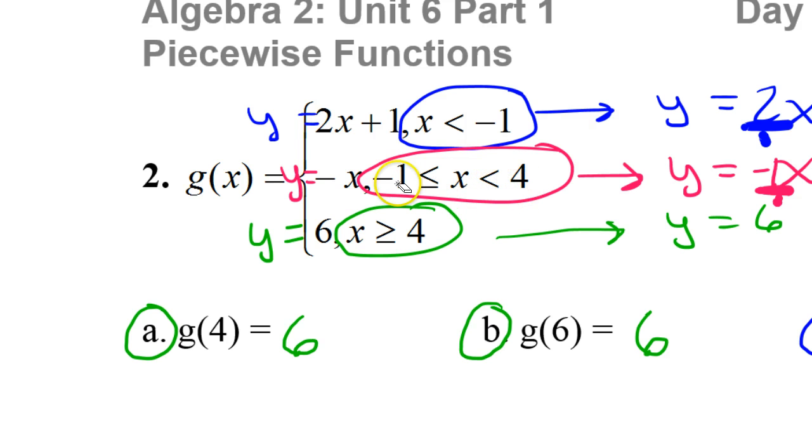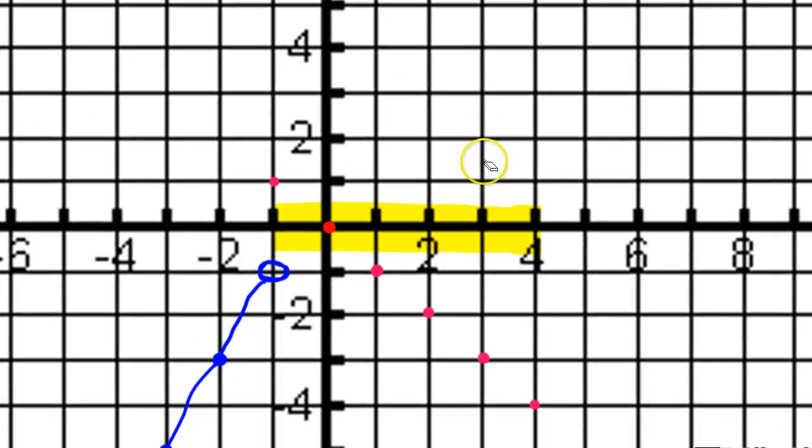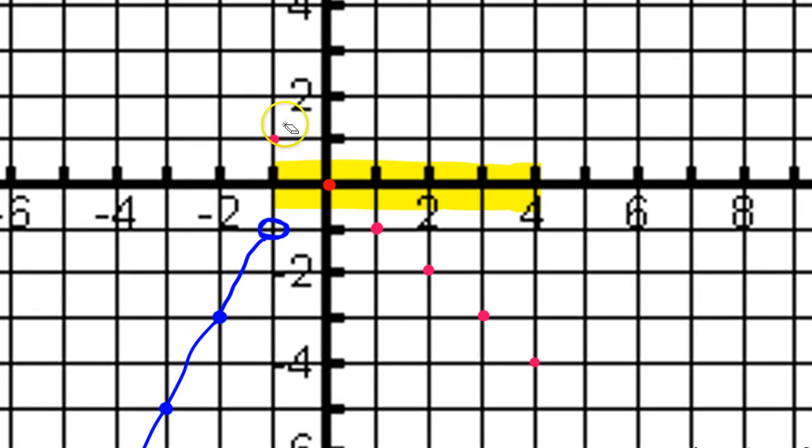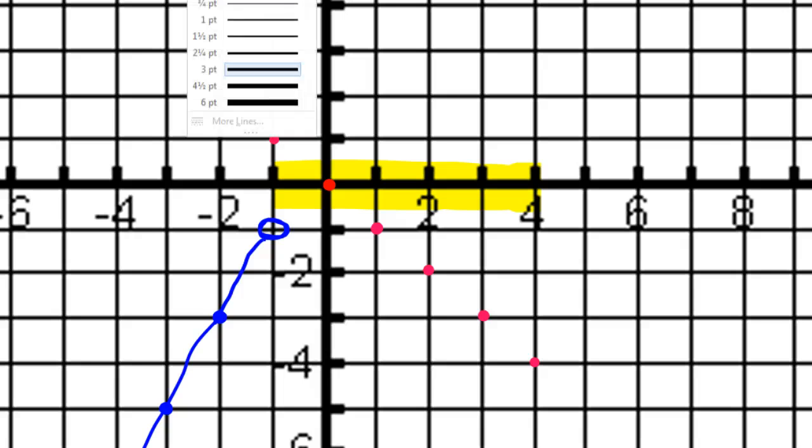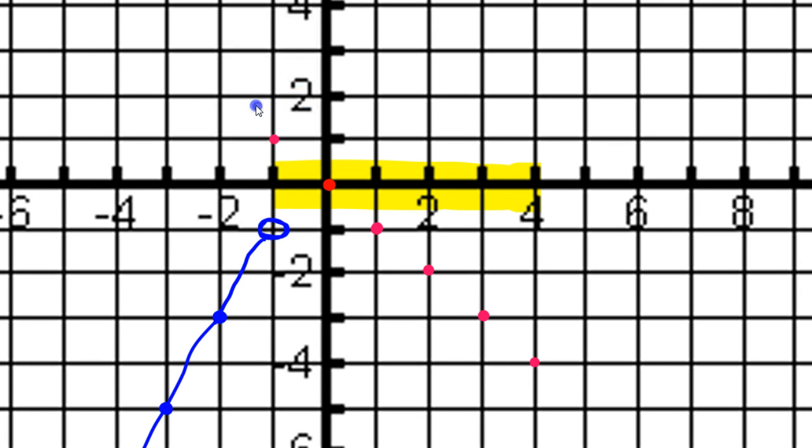I need to include the negative 1, but not include the 4. So closed circle, open circle. Okay, so this is already kind of a closed circle, but I'm going to make it more obvious. So there's my closed circle, and over here I'm going to do an open circle.